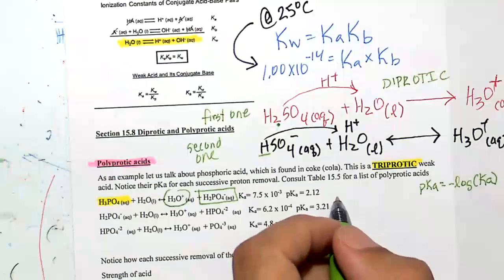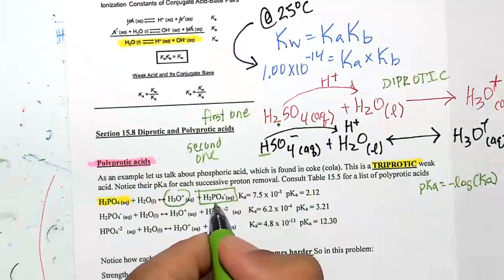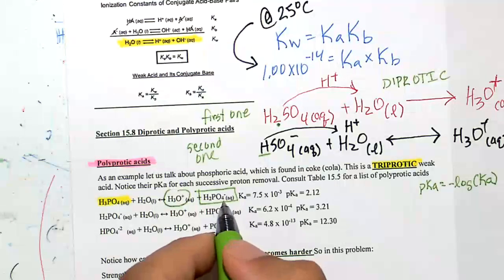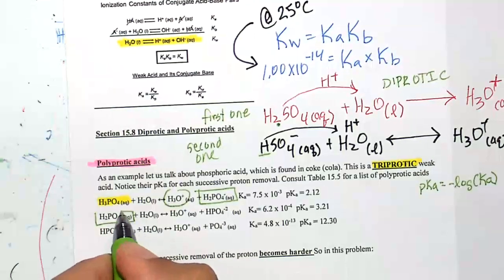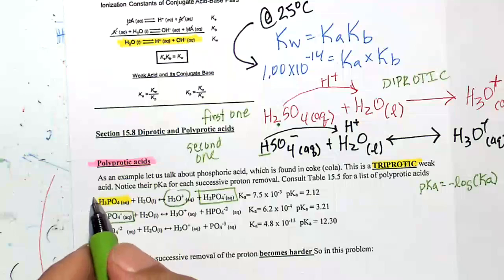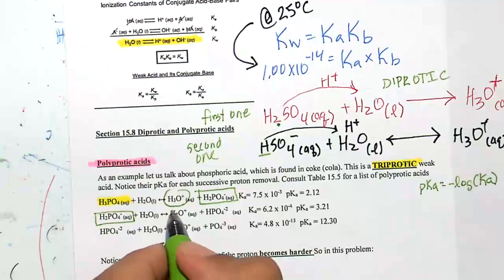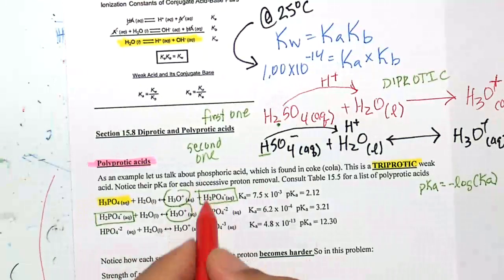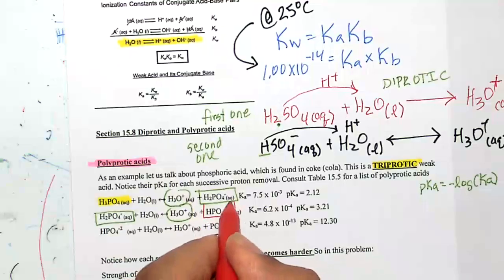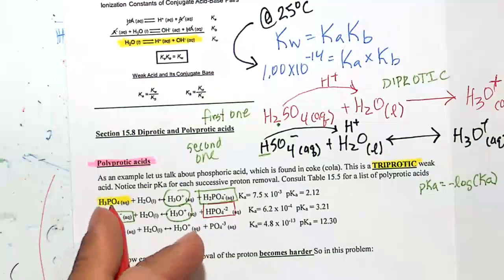It's kind of weak, but do you see here the H2PO4 minus? What can it do? It can deliver a proton, give you acid, and give you HPO4 2 minus.